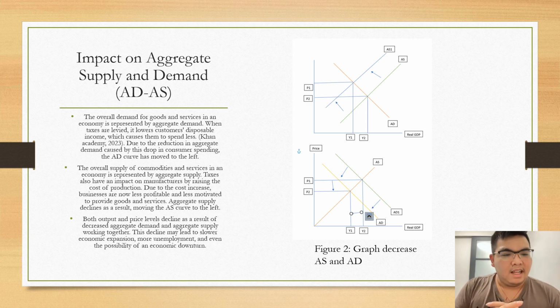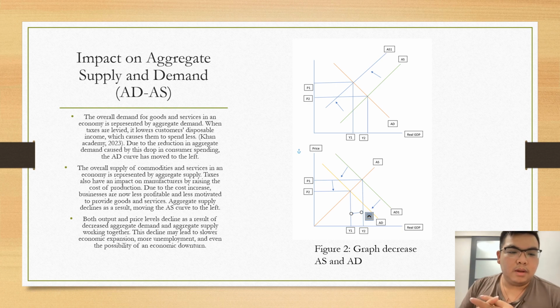The overall supply of commodities and services in an economy is represented by aggregate supply. Taxes also have an impact on manufacturers, raising the cost of production. Businesses are now less profitable and less motivated to provide goods and services because they are also making less money. So aggregate supply declines as the AS curve moves to the left as well.